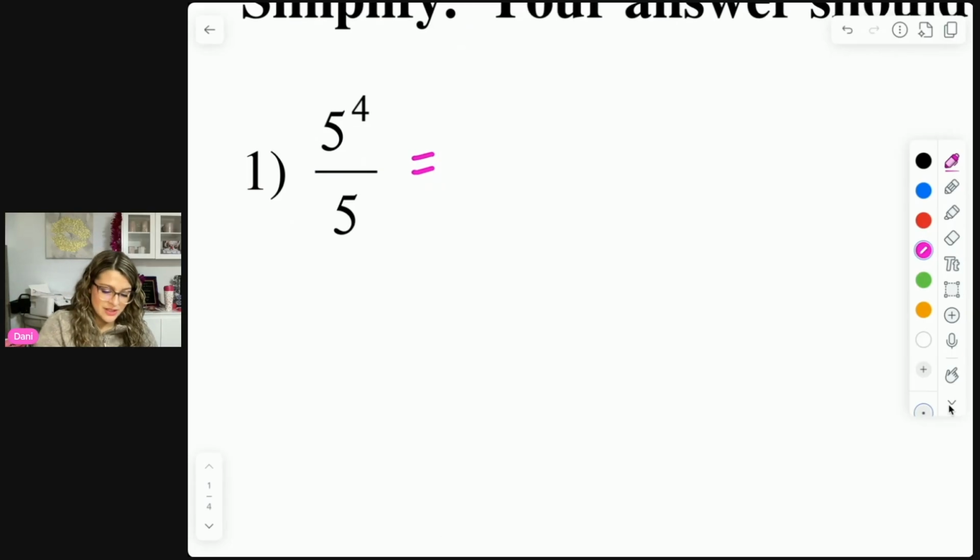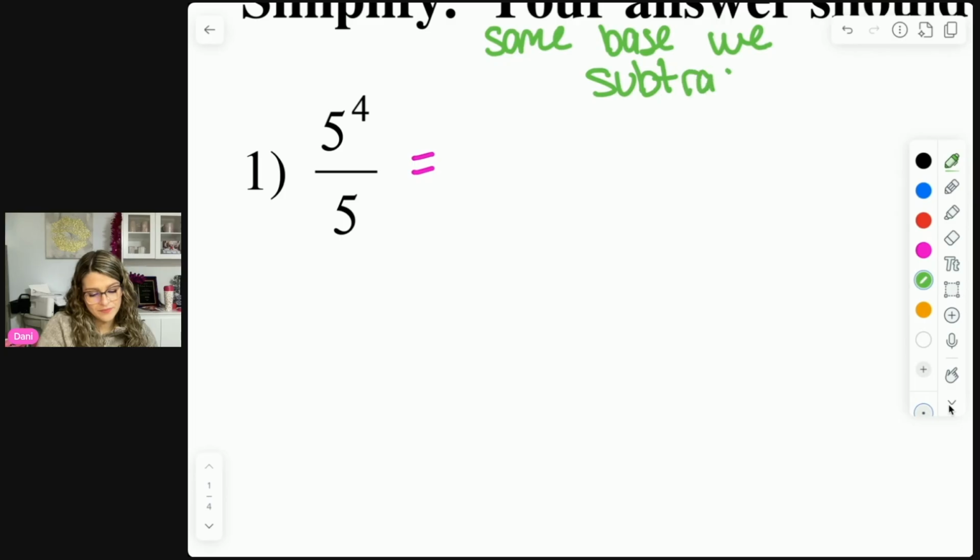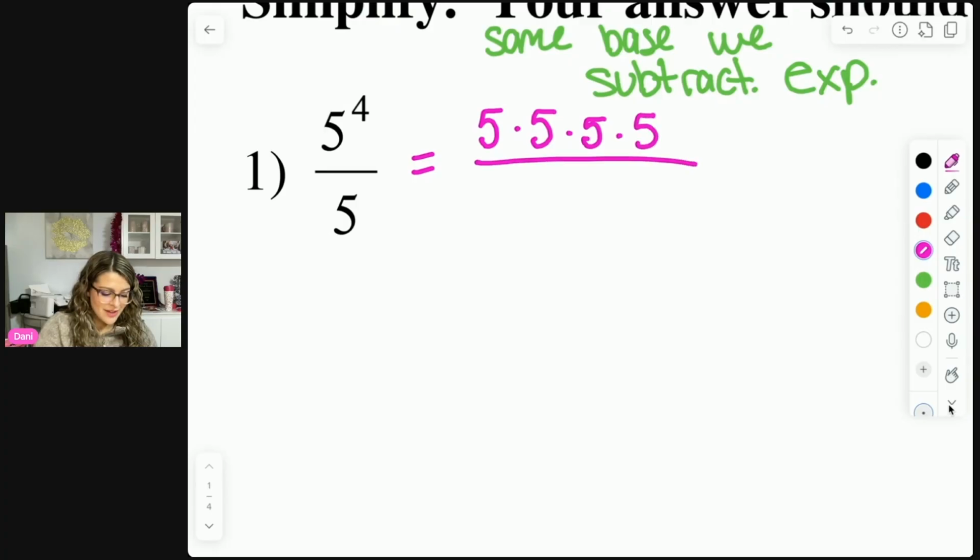When we have the same base, write yourself a little note up here: same base, we will subtract the exponents. And I'll show you why that works, and then from now on, we'll just subtract. So 5 to the 4th really means I have 5 times 5 times 5 times 5 all over 5 to the first.